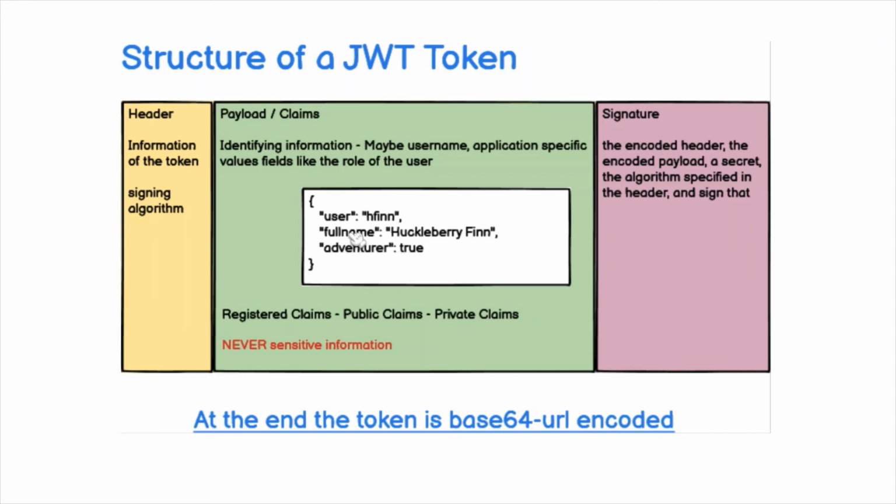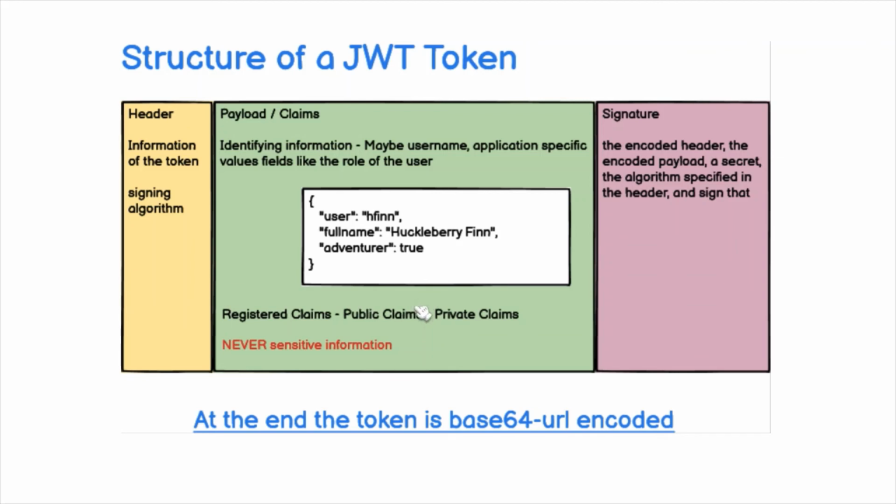Each of these lines is called a claim, and claims can be of different types: registered claims, public claims, private claims. When we code this, we'll go into the details of all those claims.